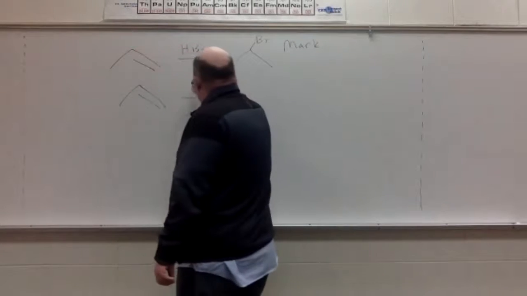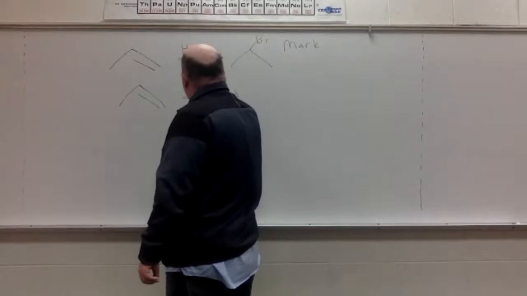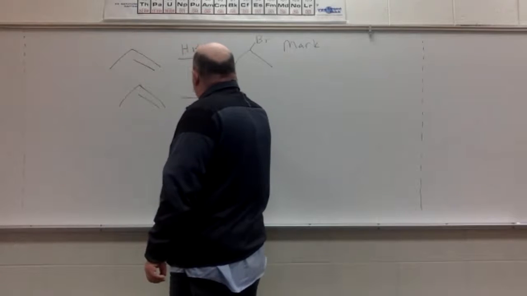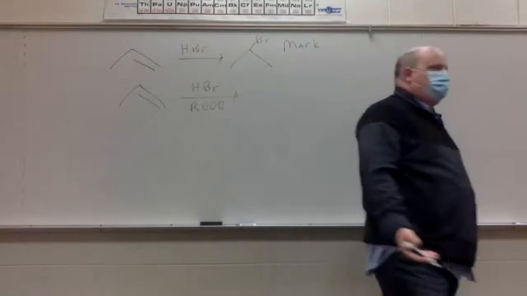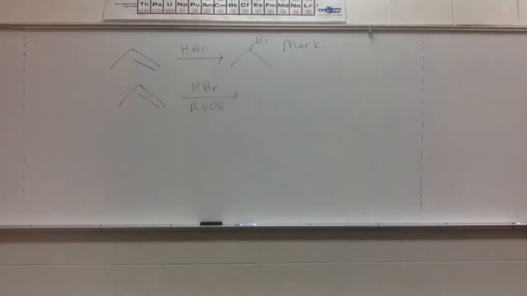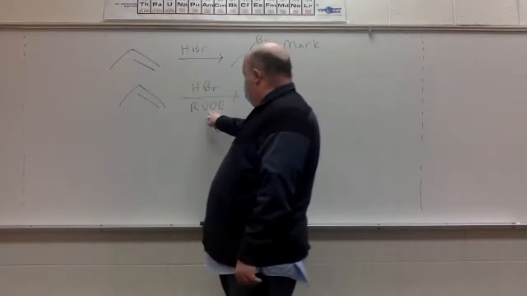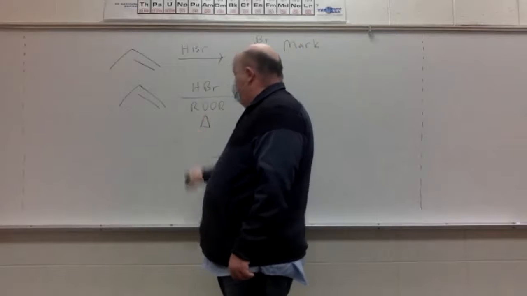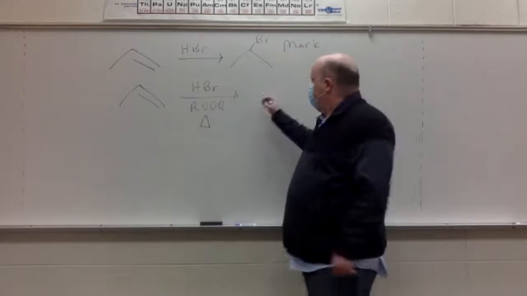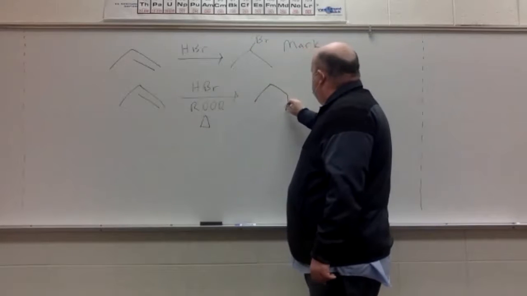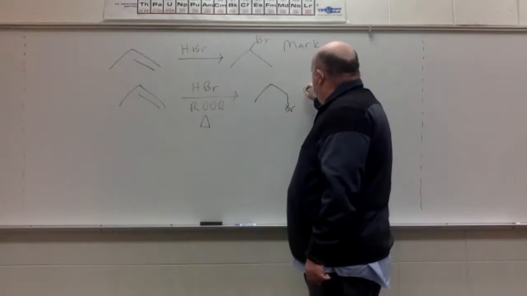But we saw that if we did this through a radical process, we have to have HBr, just like we did before. But we also have to have the presence of something called a peroxide, which we see here, and then either light or heat. And that allows us to have the anti-Markovnikov product.